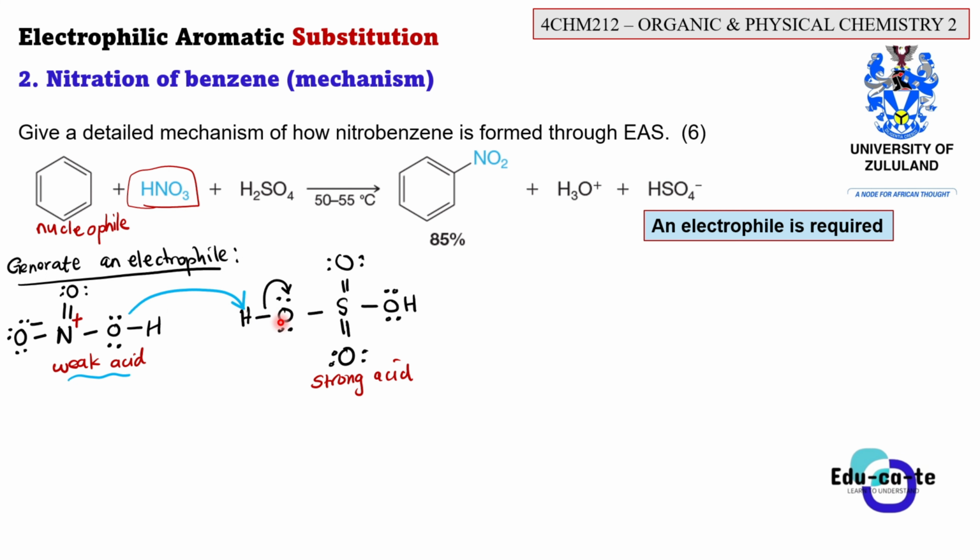So what will happen? Since every bond consists of two electrons, the two electrons of this bond will have to move to oxygen, because oxygen is more electronegative. Oxygen is more electron pulling compared to hydrogen. So basically this is what will happen.